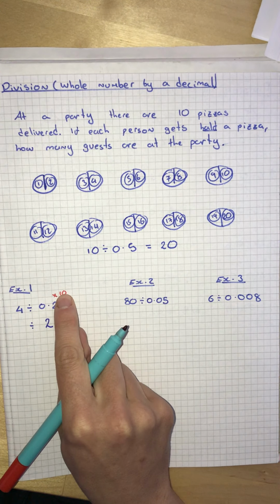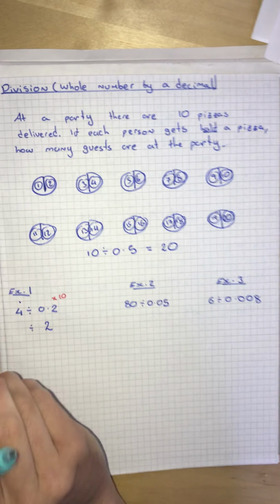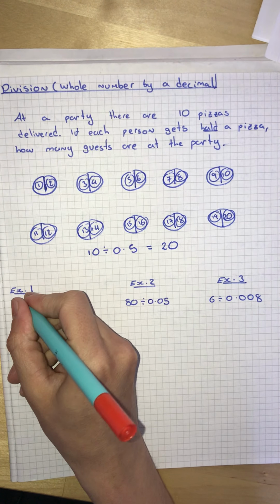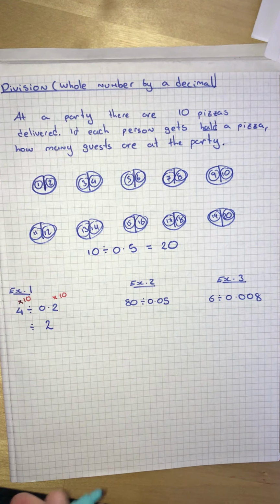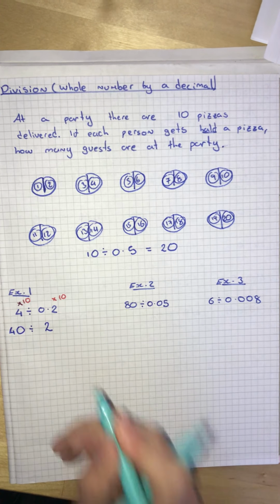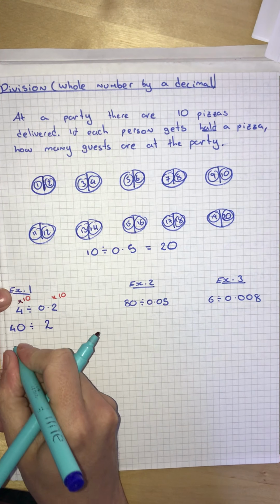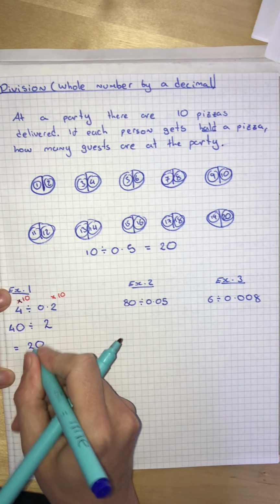But whatever you do to one of them, you need to do to the other one. So I'm also going to times the 4 by 10. Okay, so that becomes 40 divided by 2. And 40 divided by 2 is 20.